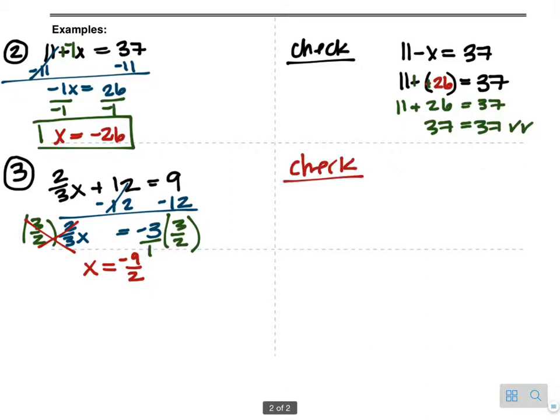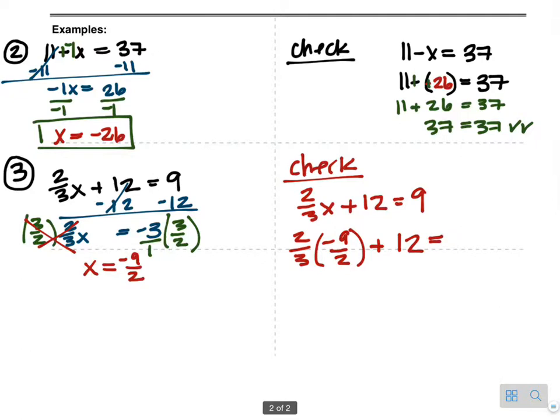We're going to work with the original equation of 2/3 x plus 12 is equal to 9. I'm going to substitute negative 9/2 in for the x, so we're going to rewrite 2/3 times negative 9/2 plus 12 is equal to 9.